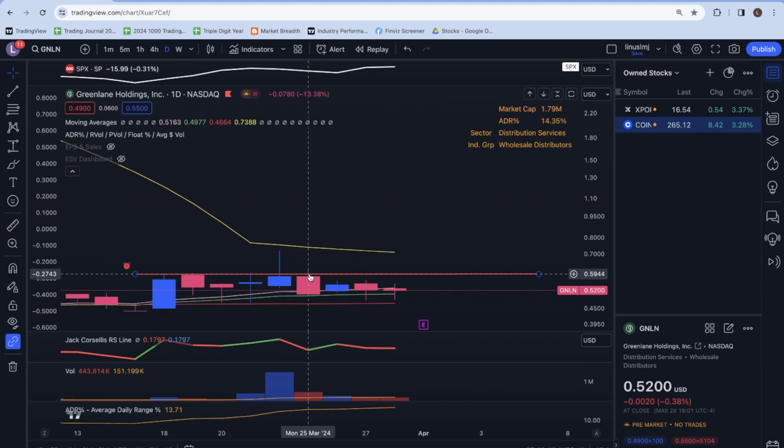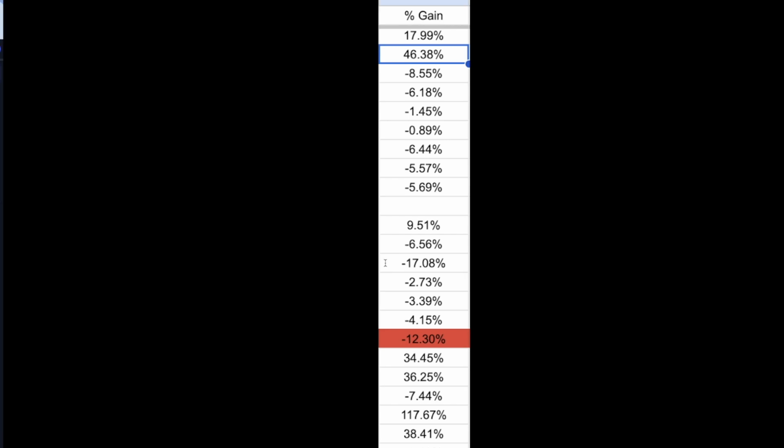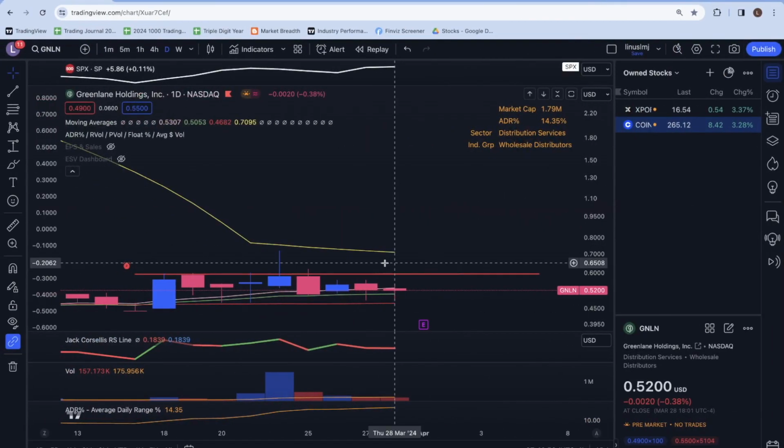But I did not sell until it hit my stop loss, and by then I had made a loss of 17%. This is one of the worst trades that I made in March, not just because of the percentage loss, but also because there are some rules that I had established and I did not follow the plan. So that's one of the reasons why it's not a good trade for me for March.